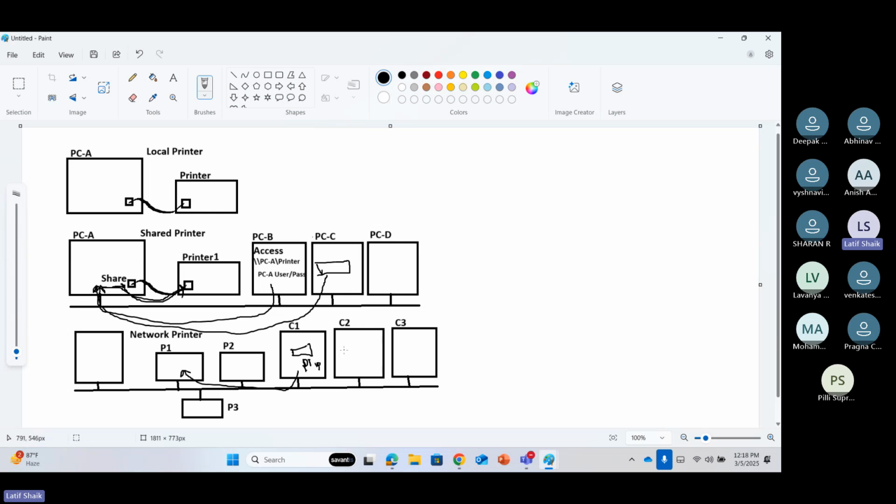Again, C1, C2 and C3 are giving a print to printer one only. But I have three printers. The three printers are not all used, because everybody knows one printer and everybody is giving a print to that single printer only. So it is very difficult. Every job is running on one printer only.